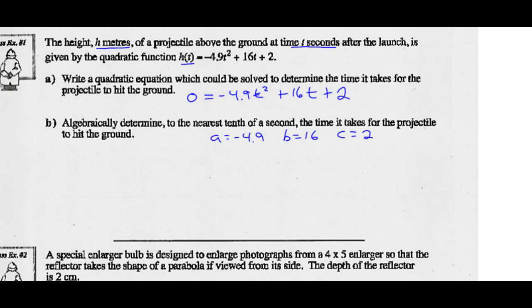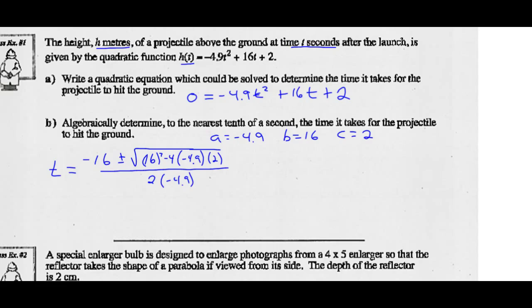So our variable in this equation is t, so our quadratic formula says t equals negative b plus or minus the square root of b squared minus 4ac, all over 2a.